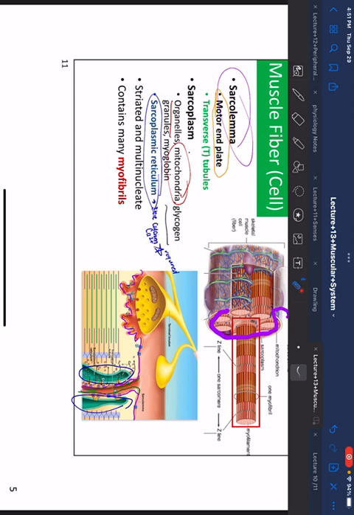And when you look at the whole entire muscle fiber or cell, it's divided into these other cylinders known as myofibrils. Highlighted in red is a single myofibril. But you can see there's many other myofibrils that make up the muscle fiber.